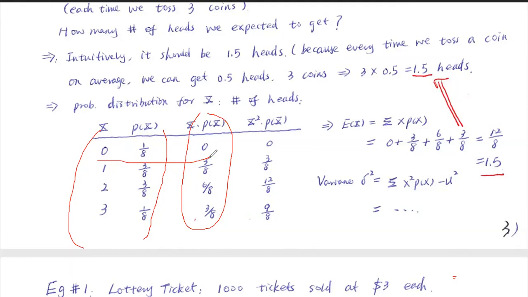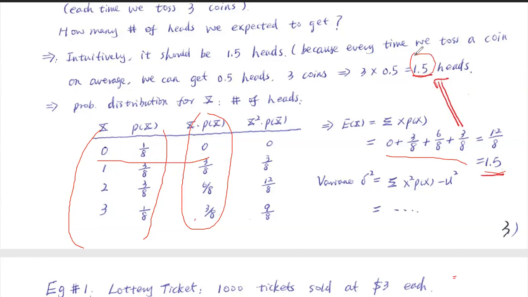After we get the third column, we add them together. That's equal to 12/8, which is equal to 1.5. That is the same as what we expected.